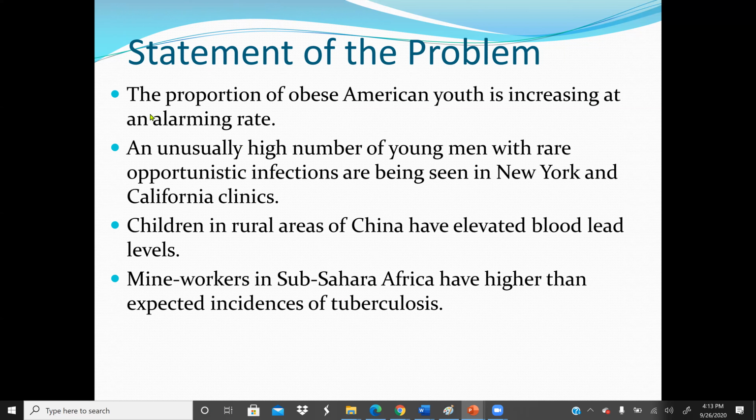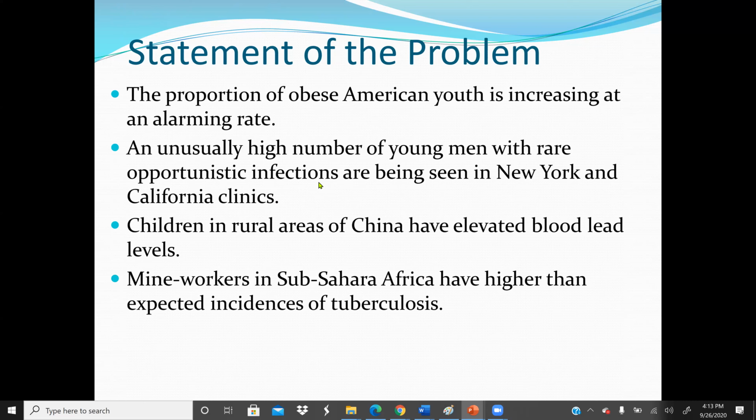One example is the proportion of obese American youth is increasing at an alarming rate, or an unusually high number of young men with rare opportunistic infection are being seen in New York and California clinics. This is the concept of the HIV/AIDS problem.